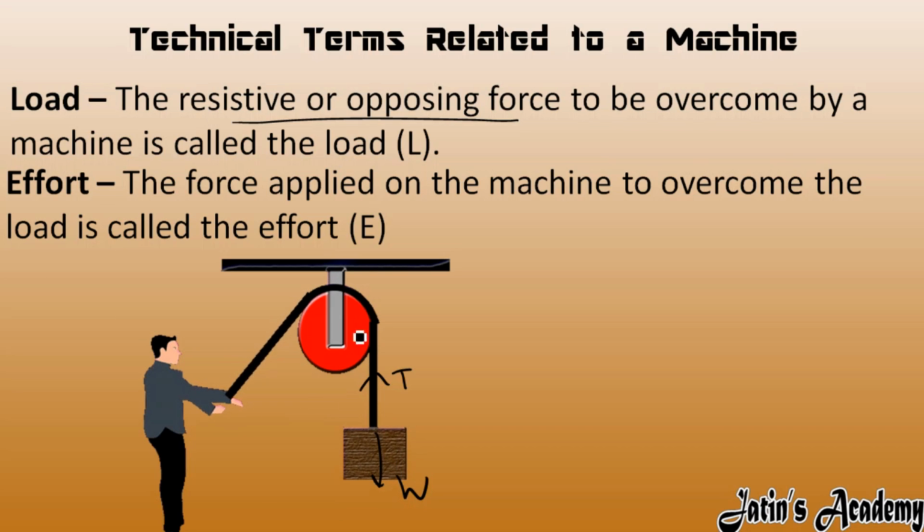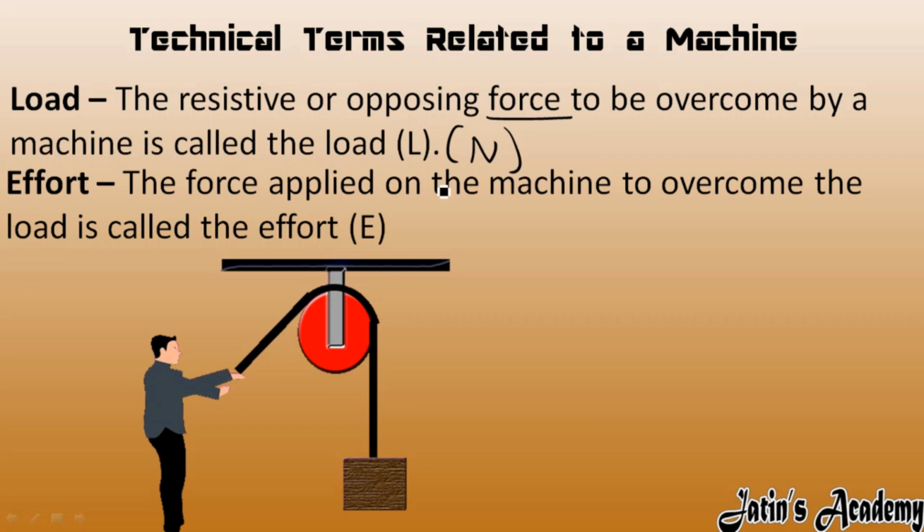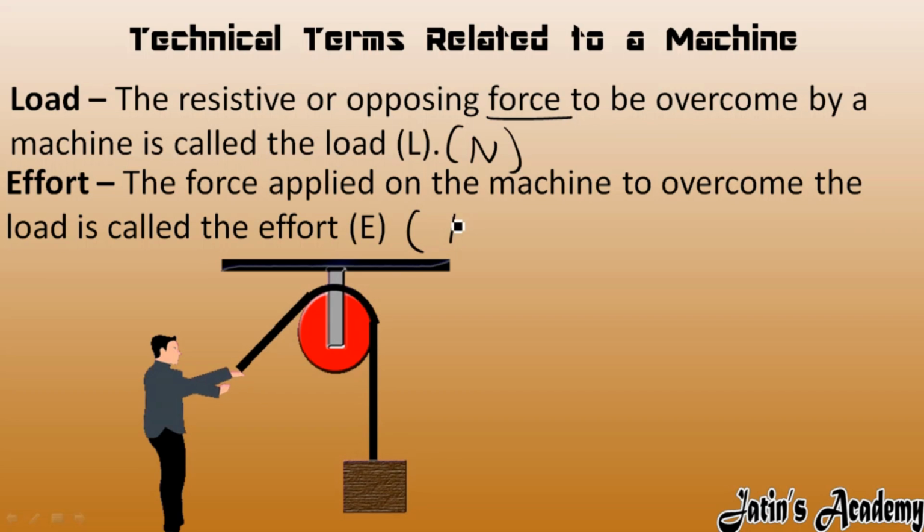So that this machine is able to lift up this load. Clear? If load is a force, the SI unit of load is Newton. Effort is also a force, so the SI unit of effort is also Newton.